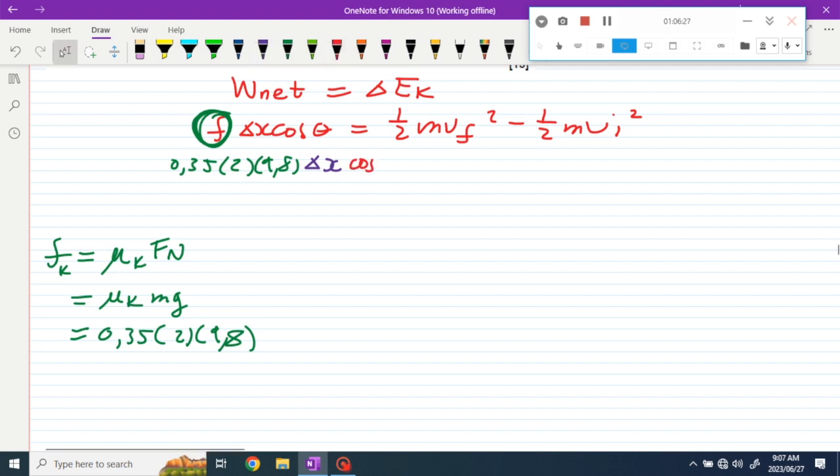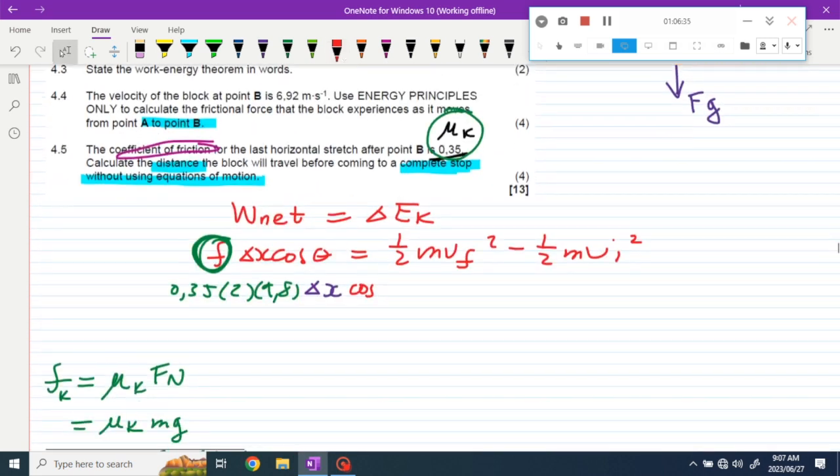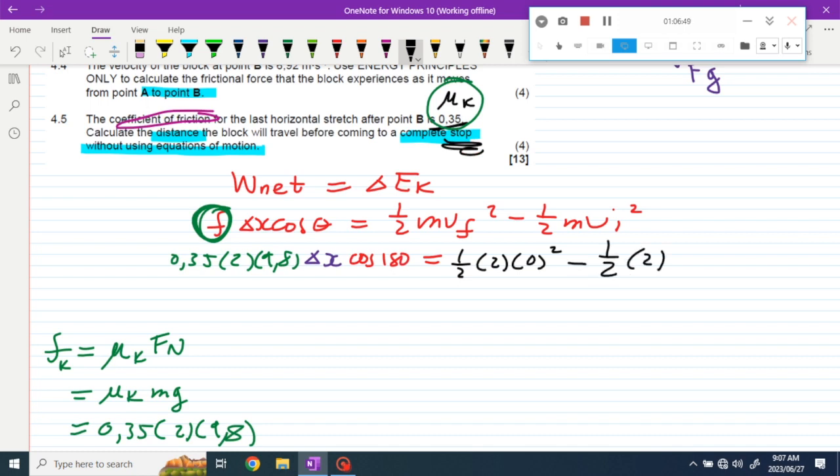Cos theta. What is the angle between the friction and the displacement going to be? 180. Yes, they are equal and opposite in direction. So it's 180. Then we plug in the final velocity is 0. They say it comes to a stop. Minus half, the mass is going to be 2.